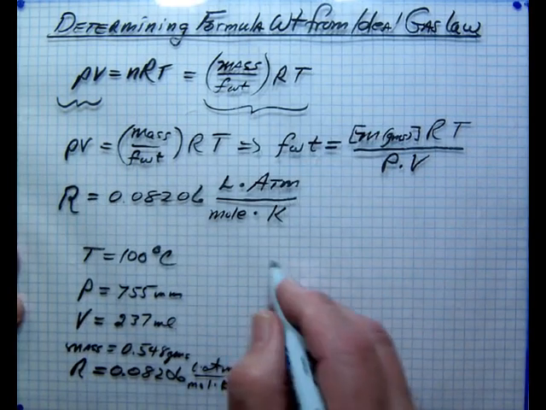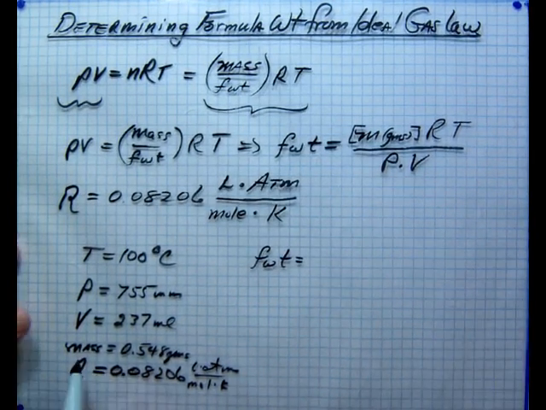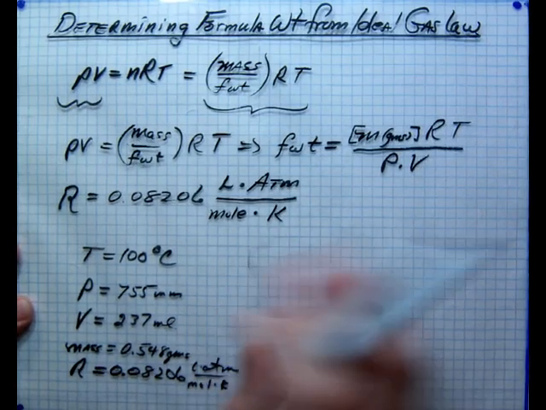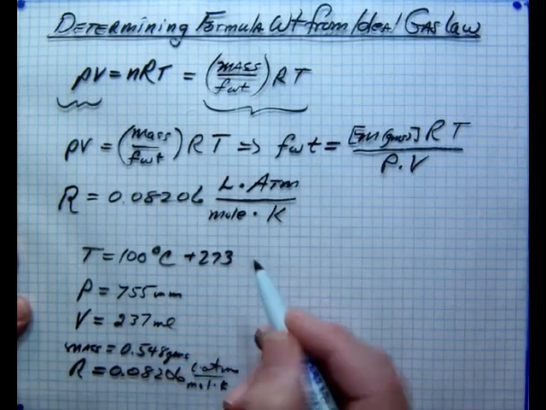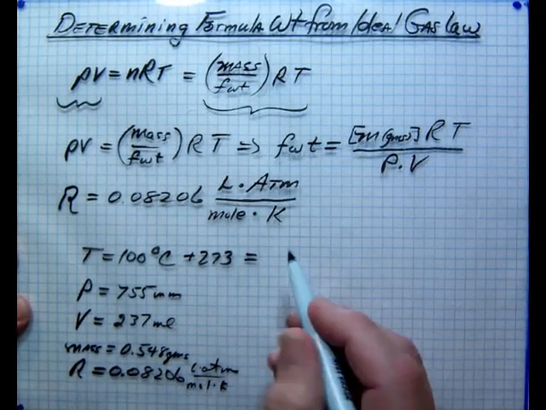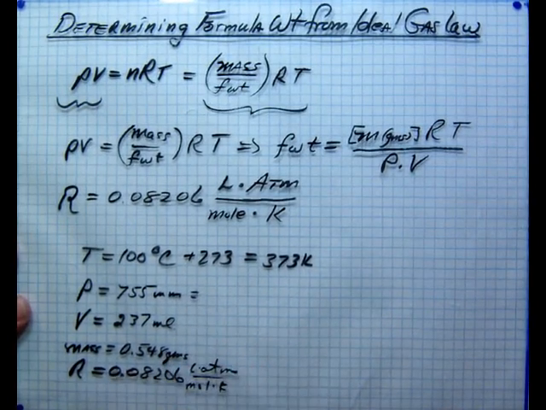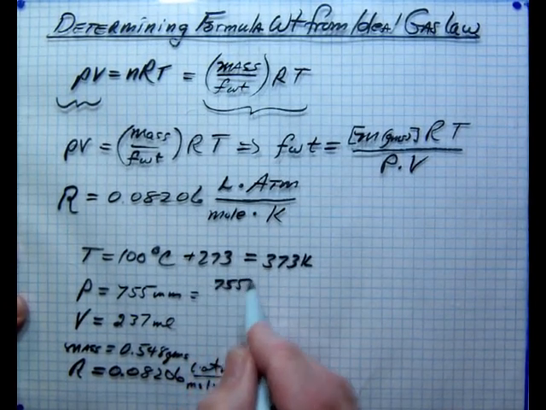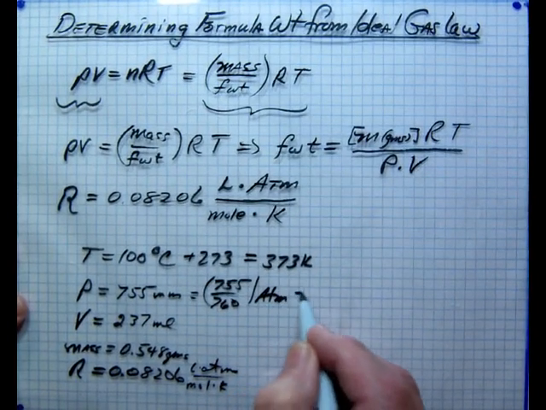Okay, so our formula weight of this is mass. Well, tell you what, let me make the conversions first. Plus 273, we'll take this one to 373 Kelvin. 755 millimeters is 755 over 760, and now we're in atmospheres.